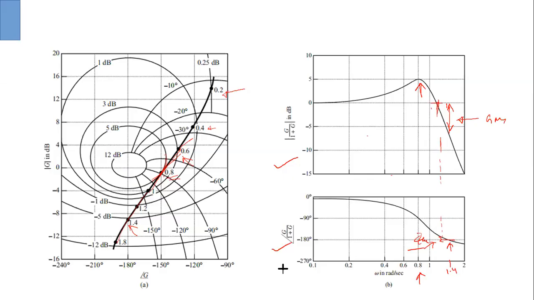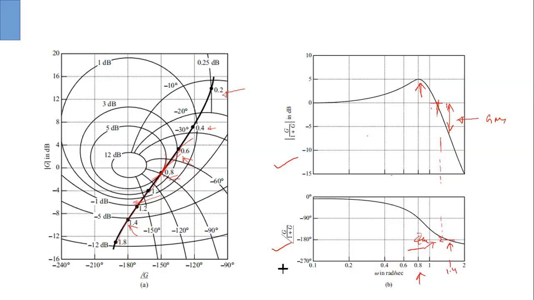So what is our 0 dB crossing line here? As you can see, our 0 dB crossing line is approximately somewhere here. So it will give you approximately 1.5, something like this.